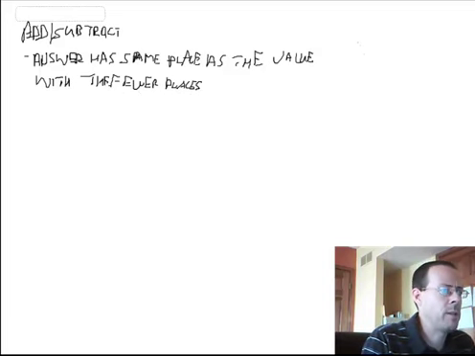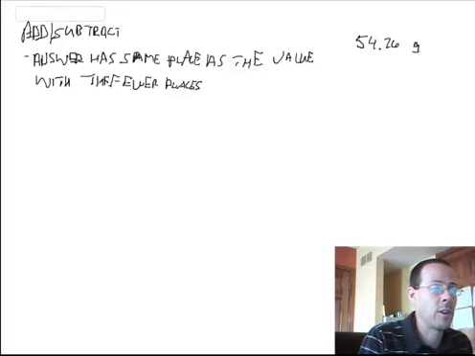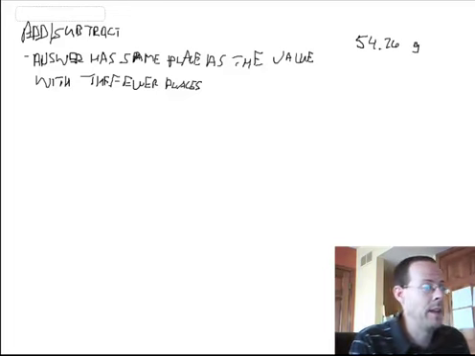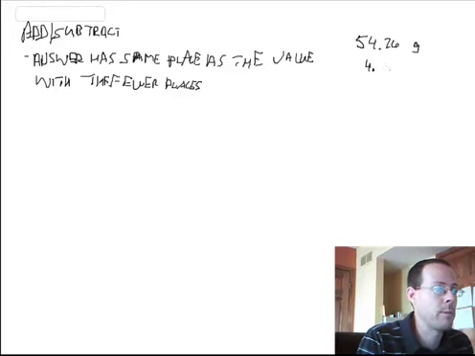So, for example, let's say we had 54.26 grams, and somebody weighed it on a certain scale that measured to the hundredths place. And someone else weighed something on a different scale, one of the more expensive ones in the back corner of my room, and it was 4.0210 grams.